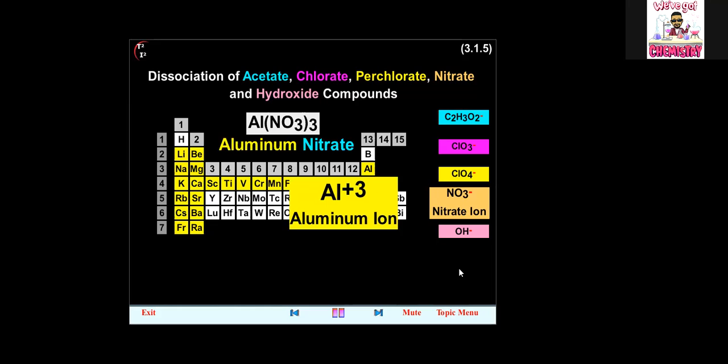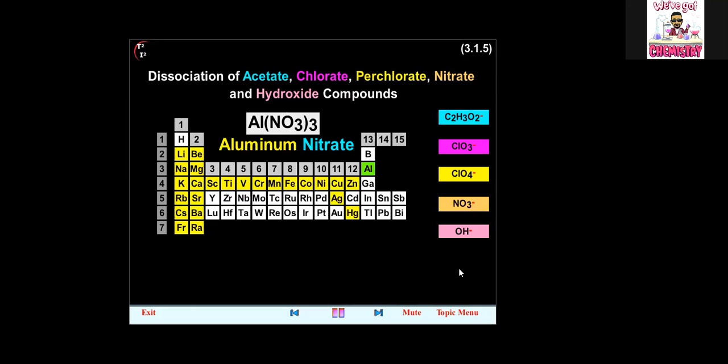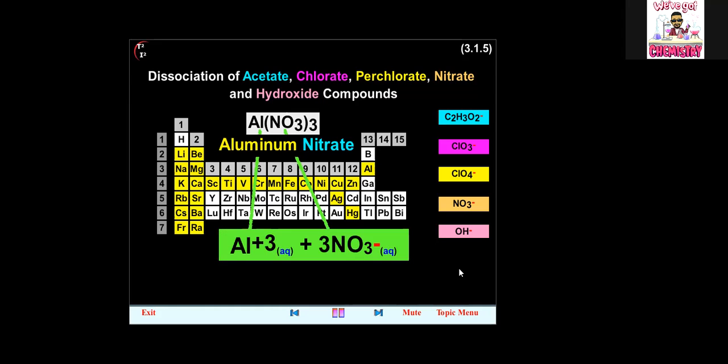Aluminum nitrate, Al(NO3)3, is soluble in water. Remember all nitrates are soluble. When dissolved, it breaks down into Al plus 3 aqueous and 3 NO3 minus aqueous.